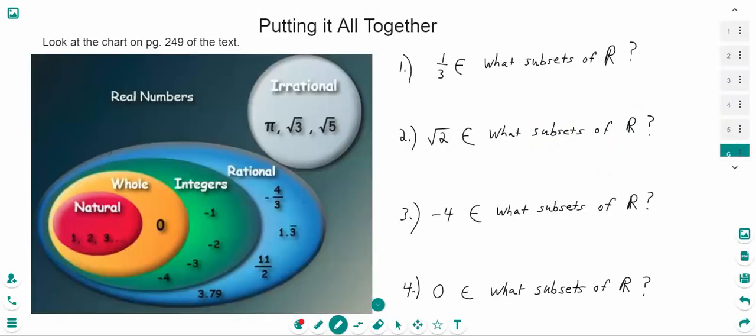Instead of a circle though, we have a box. So we have this outer box here, kind of surrounding this whole shape. That is the container for the real numbers. So all of the real numbers live within this box that you see, this exterior box.